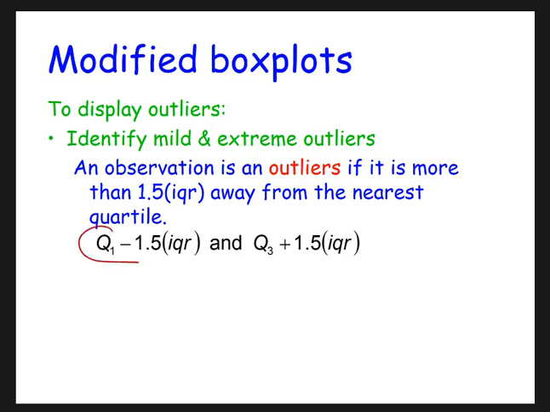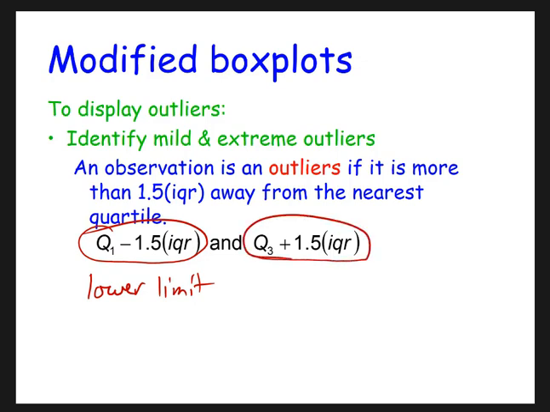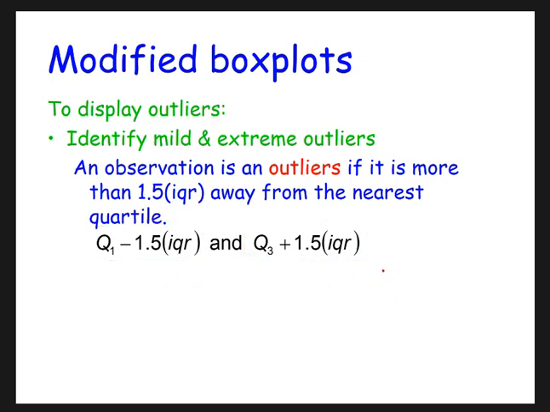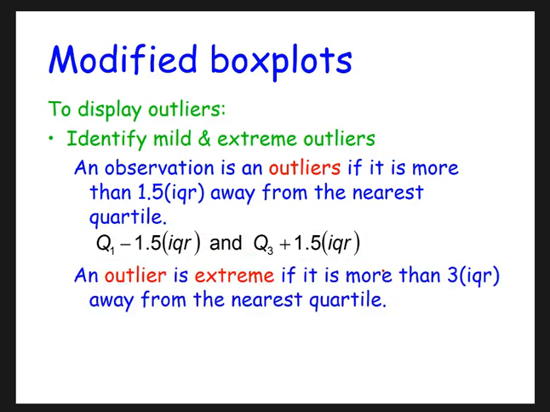So we use the lower quartile minus 1.5 times the interquartile range to find what's called a lower limit or a lower fence. We use the third quartile plus 1.5 times the interquartile range to get that upper limit or upper fence. Anything that is outside those limits is an outlier, and it's considered an extreme value.